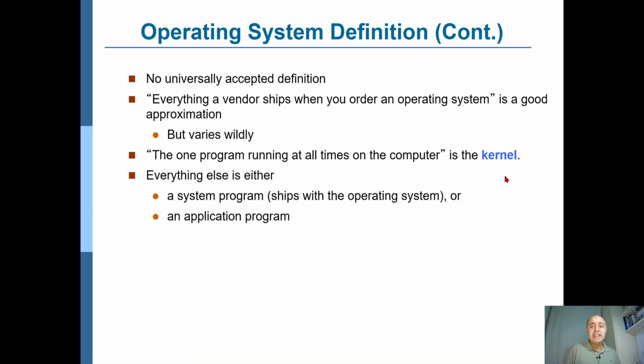So everything else other than the kernel, if you strip away the kernel, whatever remains is either a system program that comes in that operating system CD, or it's an application program that you have downloaded. Of course, application programs also come with the operating system just to make it more attractive.